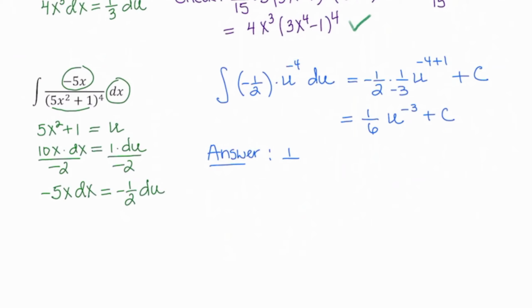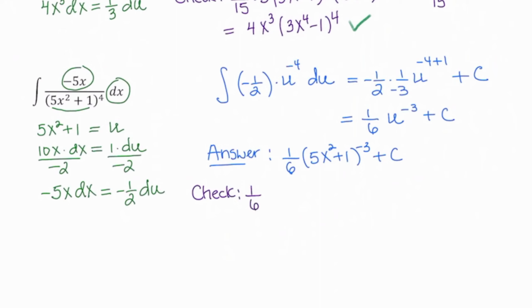That would be 1/6 times 5x squared plus 1 raised to the negative third power plus C. Okay, let's go ahead and check this. So I'm going to differentiate this result to make sure that we've done our computations correctly.